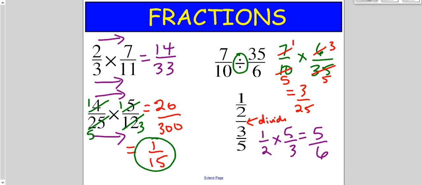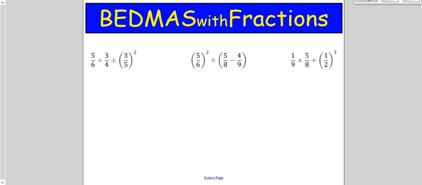All right, so just a little bit of a reminder on fractions. And of course, just to end this all off, make it a little bit more complicated, we can also have BEDMAS with fractions. So let me start one here. We have 5/6 plus 3/4 divided by 3/5 squared. Remember, division has to happen before addition.